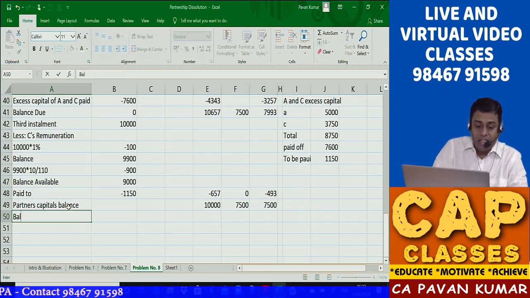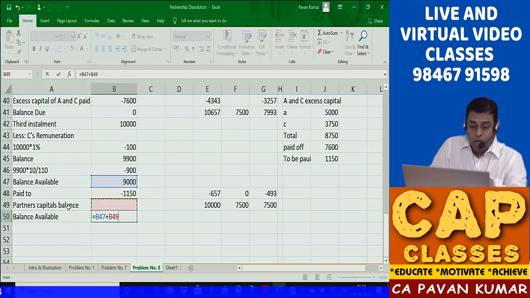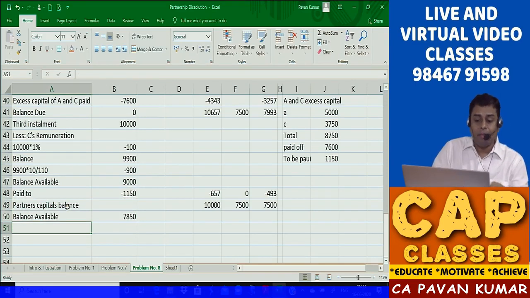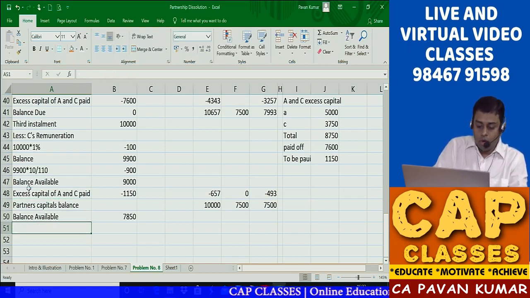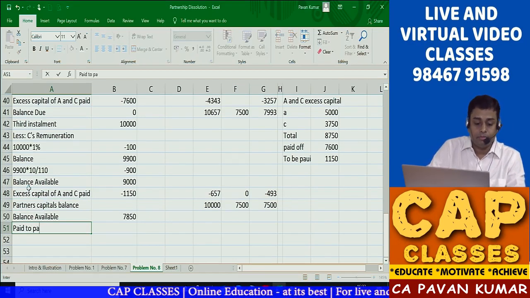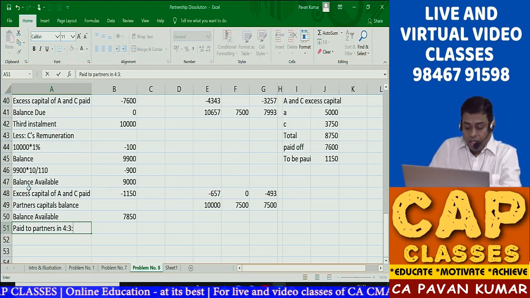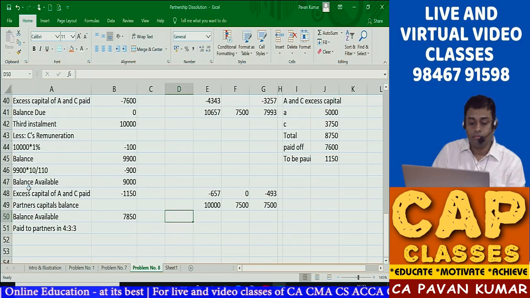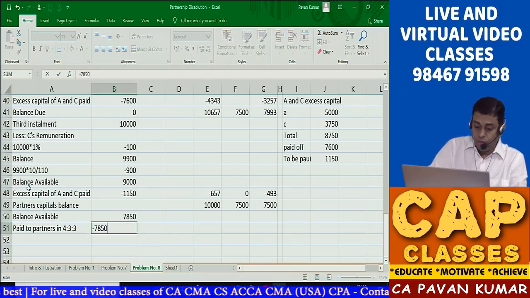Okay, so how much balance is available? You have 9,000 rupees. On that you paid excess capital. This is excess capital paid to. Now you can pay this 7,850 to partners in 4:3:3. This balance available is 7,850 minus 7,850.